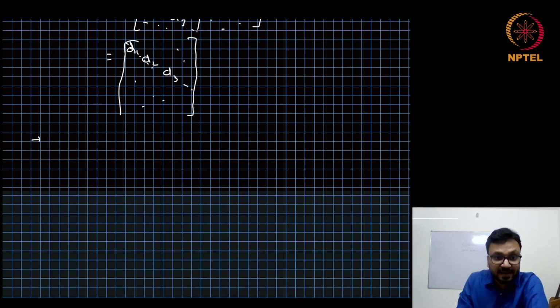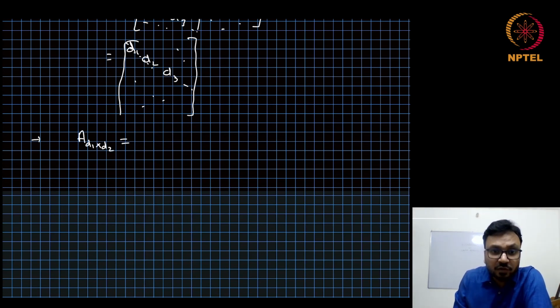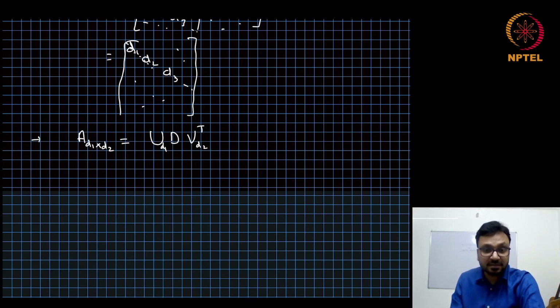So we have a matrix A, which is a d1 by d2 matrix. We find its singular value decomposition U, D, V transpose, where U is a d1-dimensional unitary, V is a d2-dimensional unitary, and D is the generalized diagonal matrix.